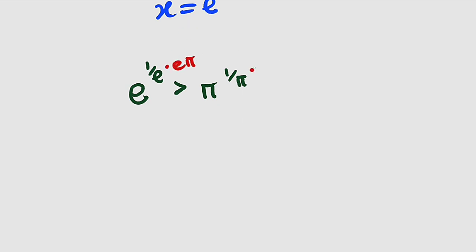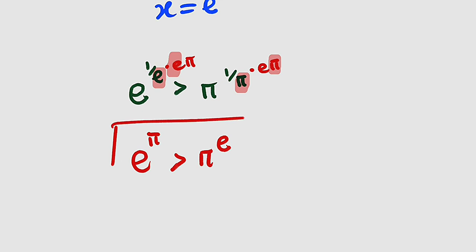You know, multiplying the exponent by the same value will not change them. So this is what we have. You can see that this will cancel this, pi will cancel pi here. Therefore, we have e to the pi greater than pi to the e, and hence e to the pi is greater than pi to the e.